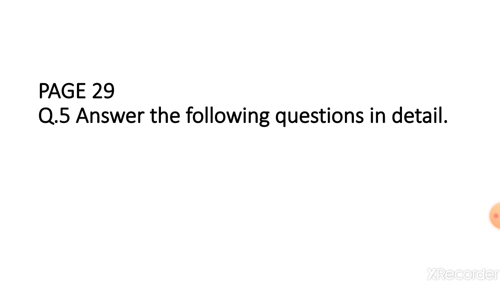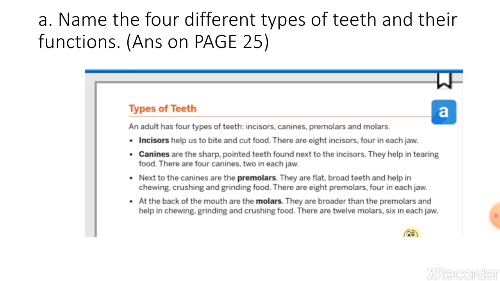Now, next page, page number 29, there is another question, question number 5. Answer the following questions in detail. So, these are like long answer questions. Okay, you have to write in detail. First question is, name the 4 different types of teeth and their functions.